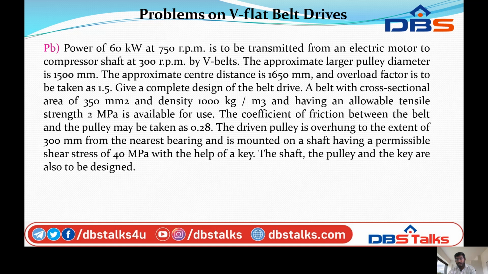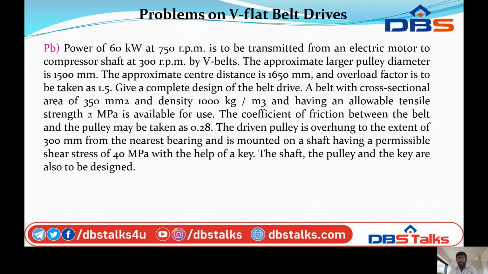The approximate large pulley diameter D1 is given as 1500 mm and the approximate center distance is 650 mm. So x is also given, and the overload factor of safety is also given as 1.5. Give a complete design of the belt drive.